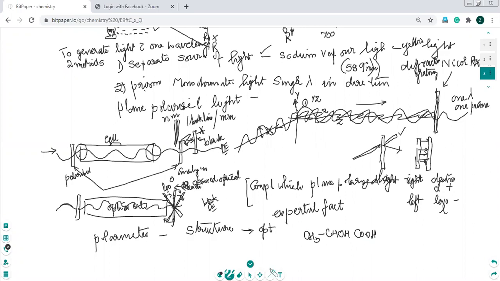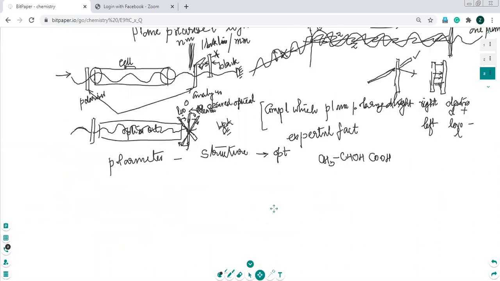This structure represents two compounds. One has this three-dimensional structure, CH3, H, OH, and COOH. The other has this structure.